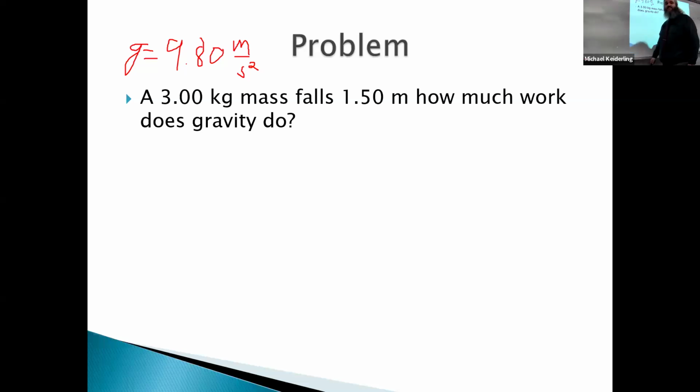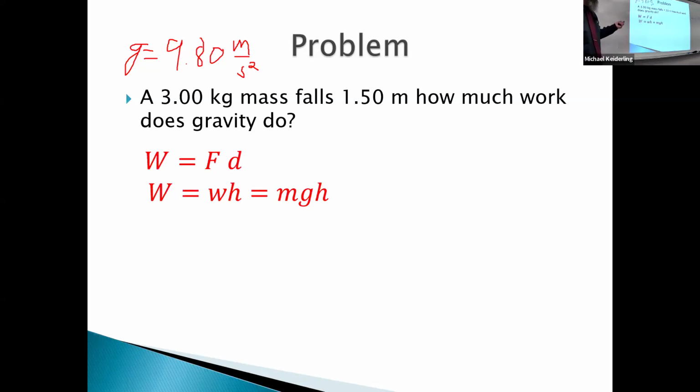Here, if a 3 kilogram mass falls a distance of 1.5 meters, how much work does gravity do? This is not work done against gravity. This is the work done by gravity. But remember that the force of gravity, the weight, is g times the mass. So the answer is 44.1 joules.